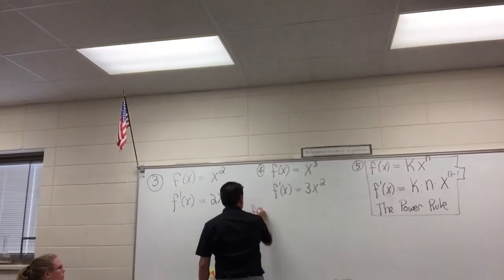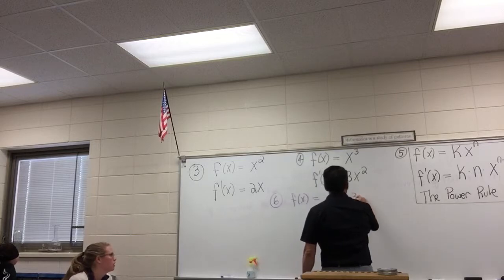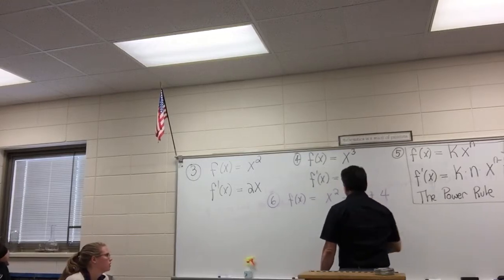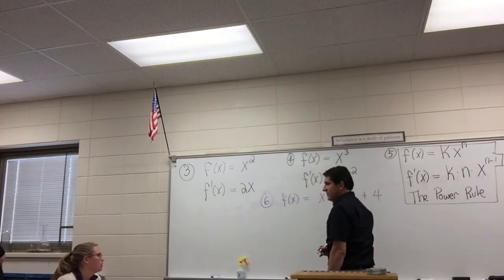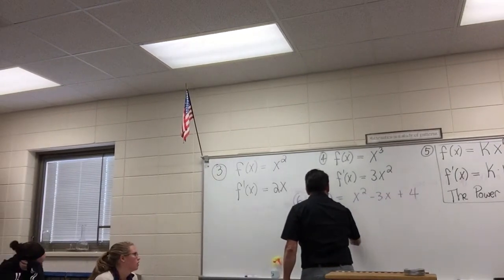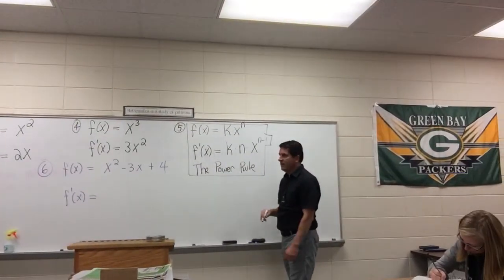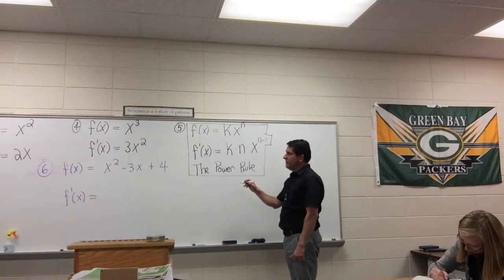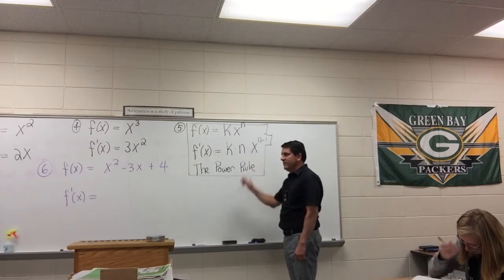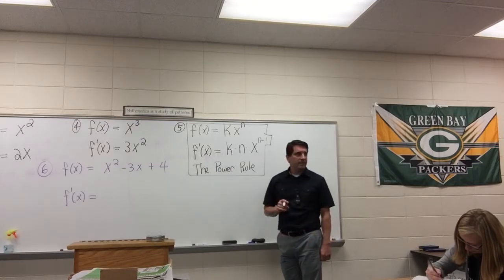If I say f of x is equal to x squared minus 3x plus 4, and I say, what is the derivative of this? The derivative is each of the individual derivatives, as long as we're just adding or subtracting them.